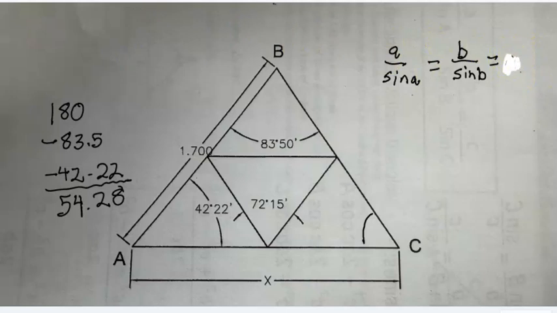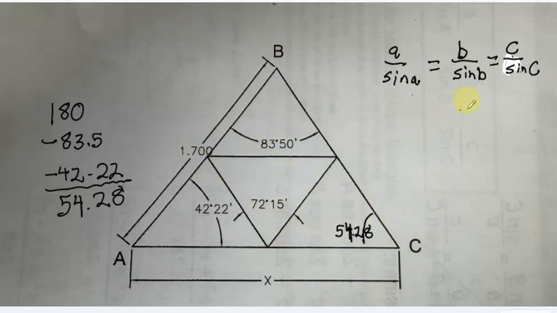To where we have C over sine of C. All right. So we know all three angles. Okay. So we know 54.28. Okay. So we have the opposite side here, 83.5, opposite side here. Okay. So it's C and C, B and B.